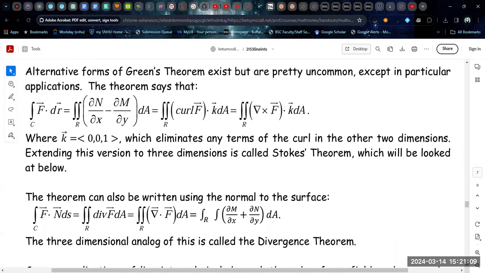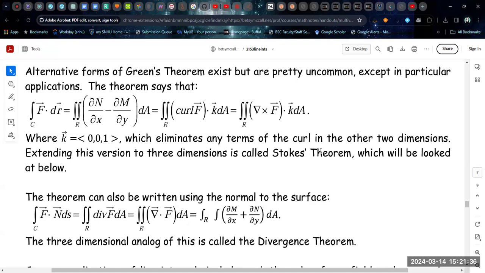Now, there are other notations for Green's theorem that you will sometimes see floating around. Again, in different contexts, we will see slightly different things. We will deal with Stokes' theorem in the next video, but that will extend Green's theorem to 3 dimensions.